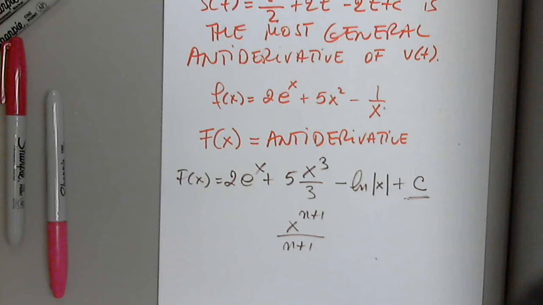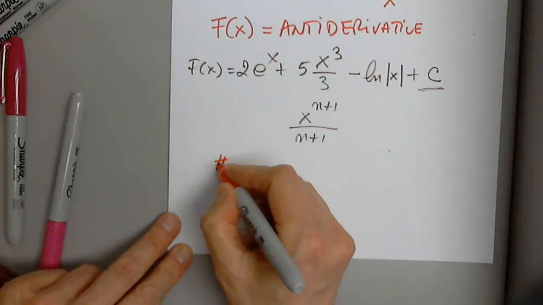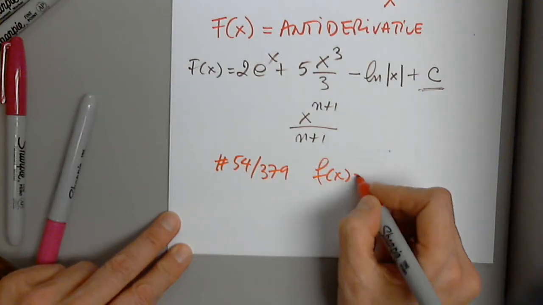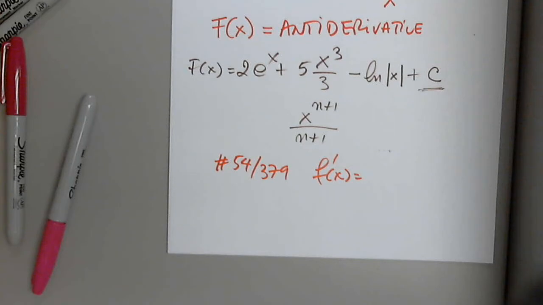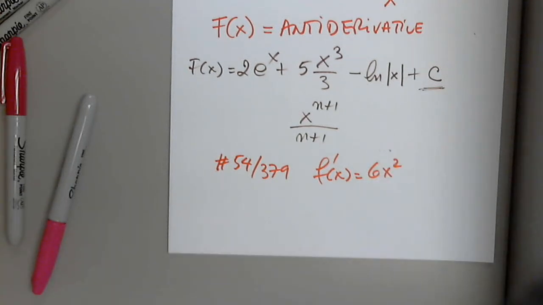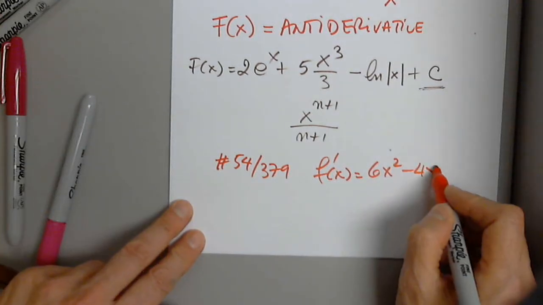And I want to do a problem like that. Thank you for asking. On page 379, let's look at 54. We are given f prime equals 6x squared minus 4x plus 2.